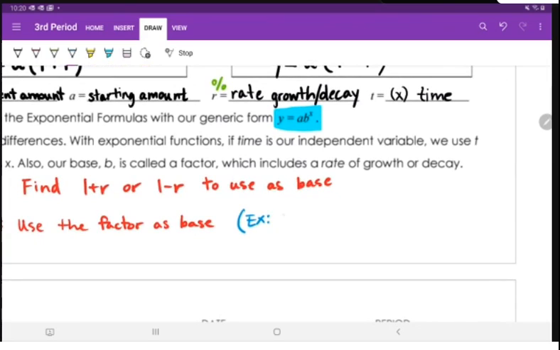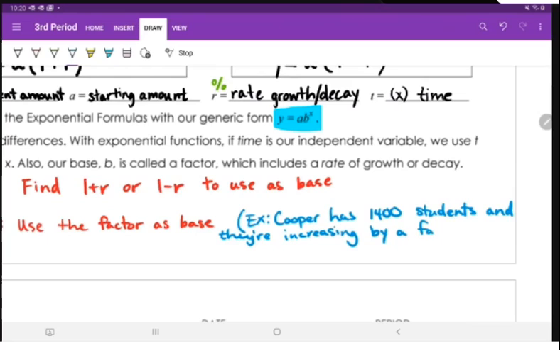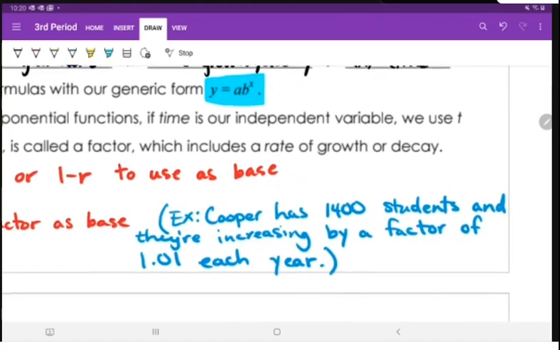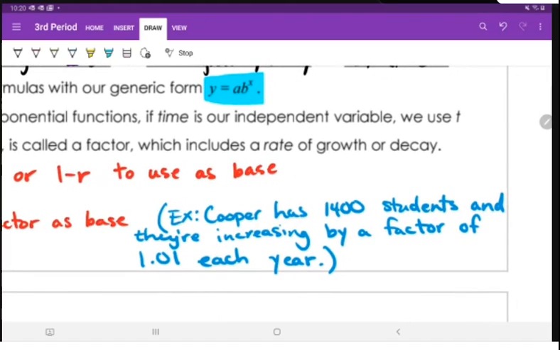So this might say, Cooper has 1,400 students currently, and they're increasing by a factor of 1.01 each year. Notice what I did.